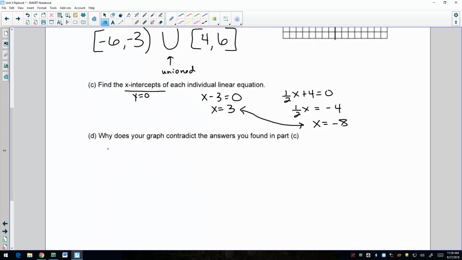So you would just write something like, there are no x-intercepts due to the restricted domain in the piecewise function. And that's it for lesson 3.6.